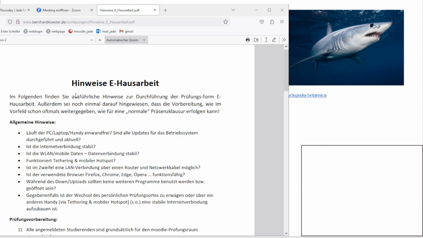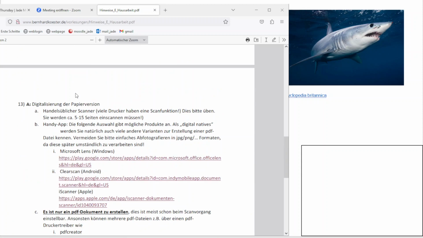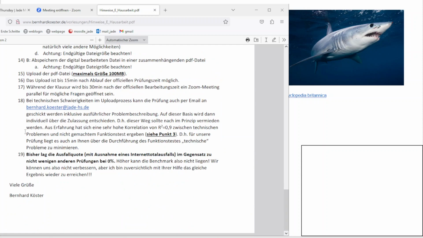Please try it once or twice before you write the exam, because my dropout quota is 0%. From a technical point of view, everybody managed it in the last 3 years to hand in the PDF file, and hopefully this will stay at 0% dropout quota due to technical problems. Okay?